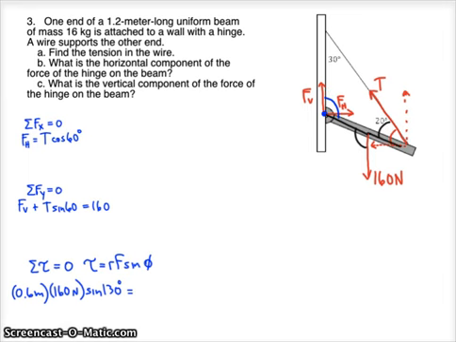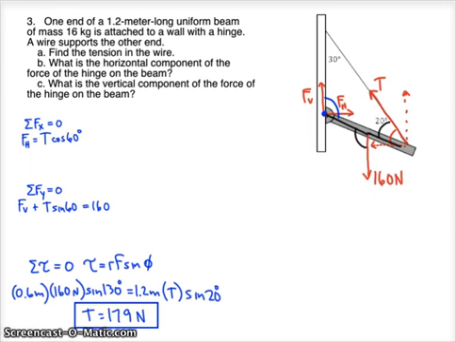But of course, one of the nice things is that the angle is already given to us. The angle between the beam and the tension force is 20 degrees. And so we can say now that 1.2 meters, the full length of the beam, times my unknown tension, times the sine of 20, equals the torque due to that force. And so these two torques need to balance out. That gives us a tension value of 179 newtons.